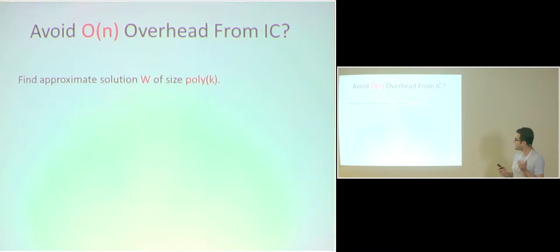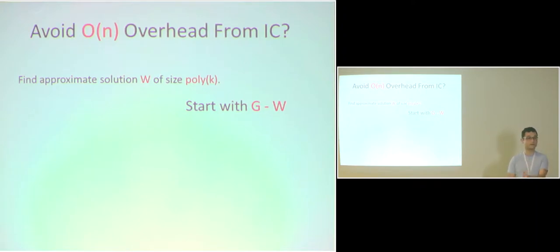Well, if someone magically gave an approximate solution of, let's say, size poly k, then maybe we could do it. How? Well, instead of running iterative compression from the graph on k plus 1 vertices, what we can do is start with the graph G minus W, where W is our approximate solution. Now, this is a graph with a feedback vertex set of size 0. It's acyclic, right? So for G minus W, I actually have a solution of size at most k plus 1.